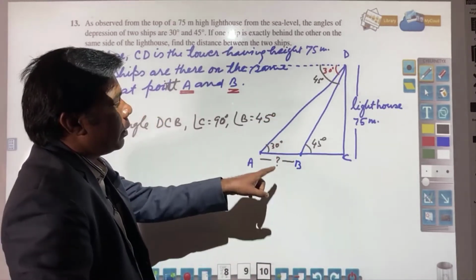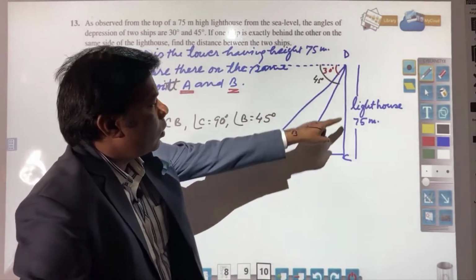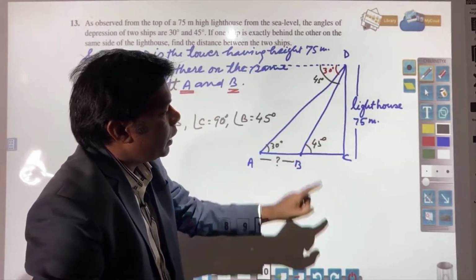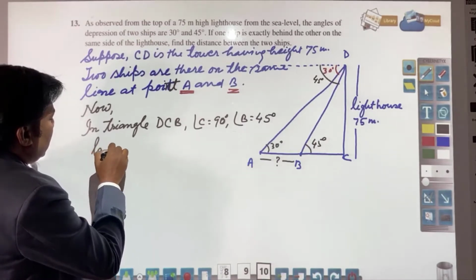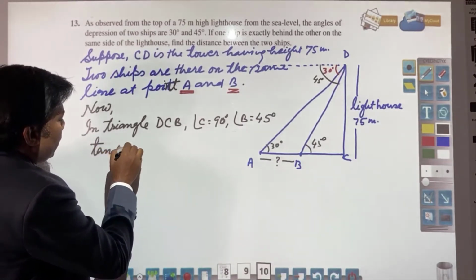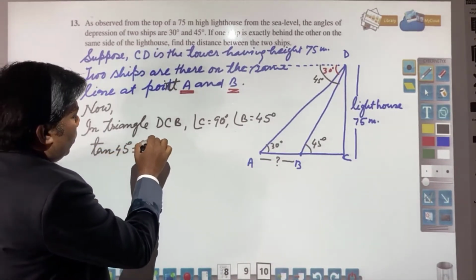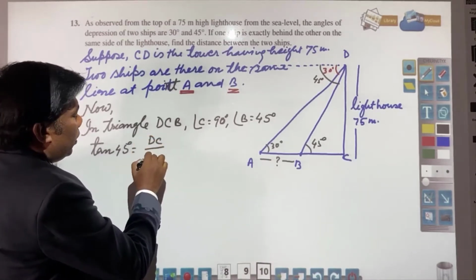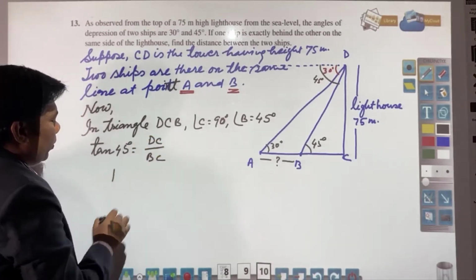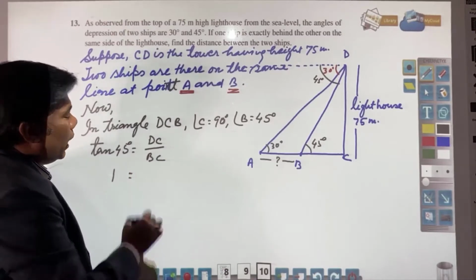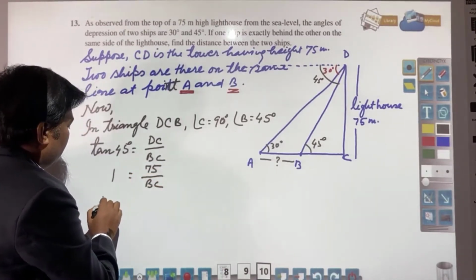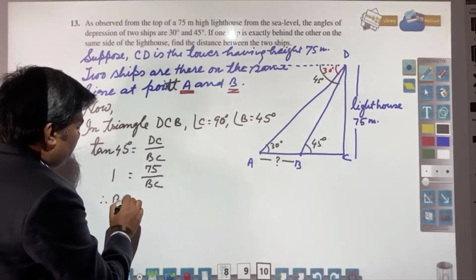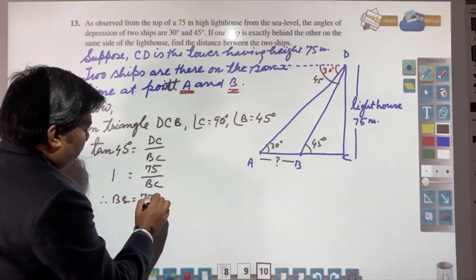DC has been given 75 meter, BC you need to find out, so this will be B and this will be D. It means tan 45 degree you will see. Tan 45 degree is equal to DC by BC. Tan 45 is 1, DC has been given 75 and divided by BC, and therefore BC will be 75 meter.